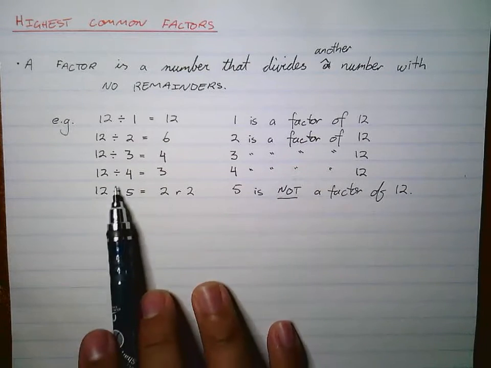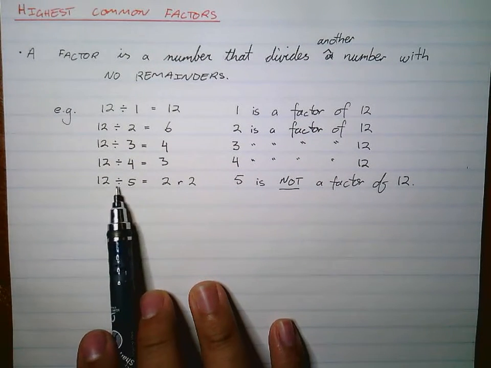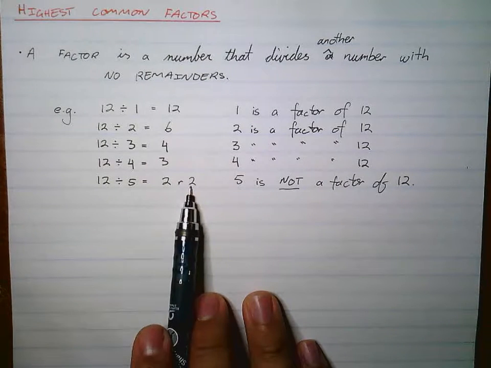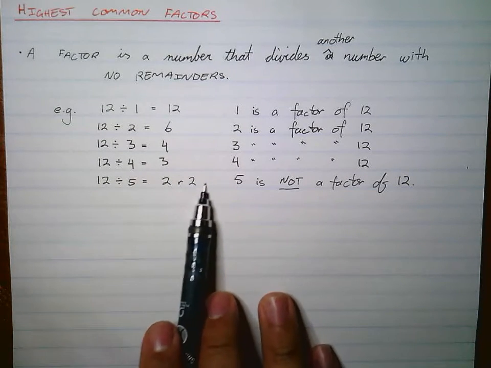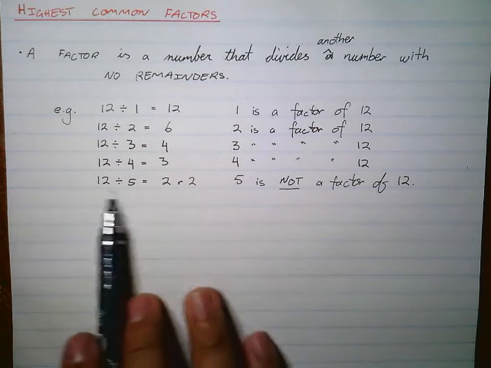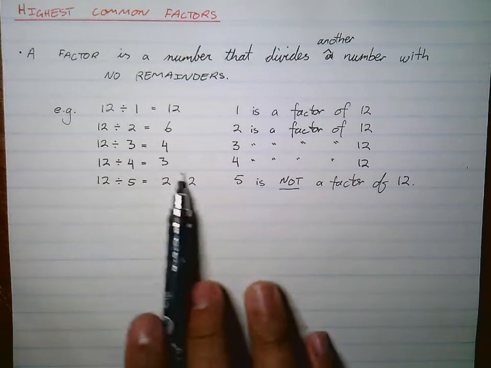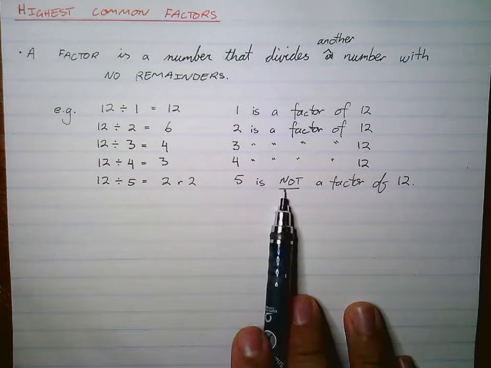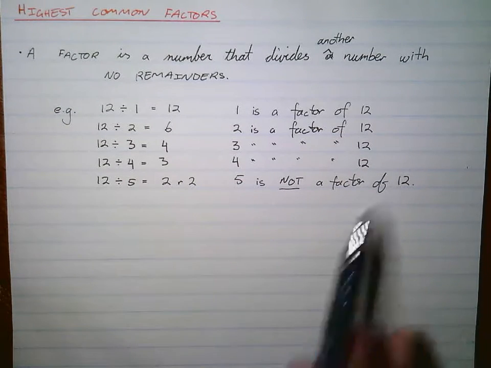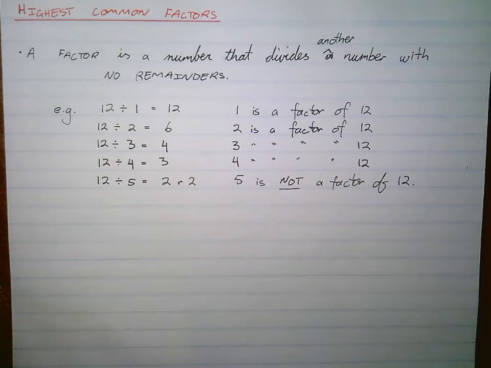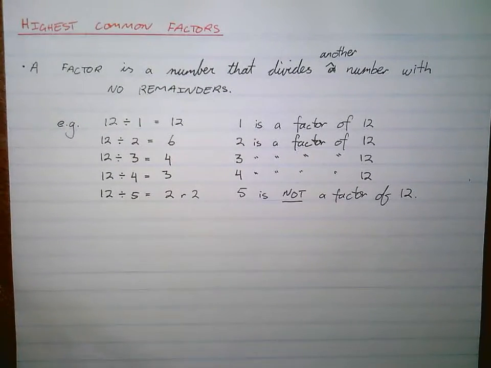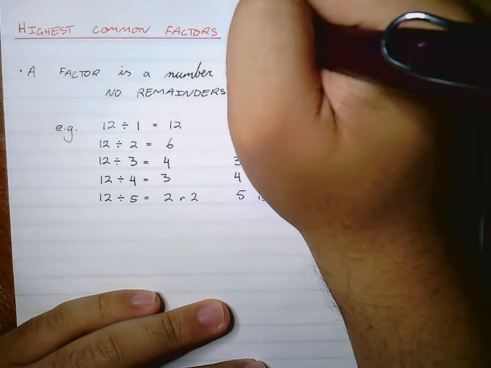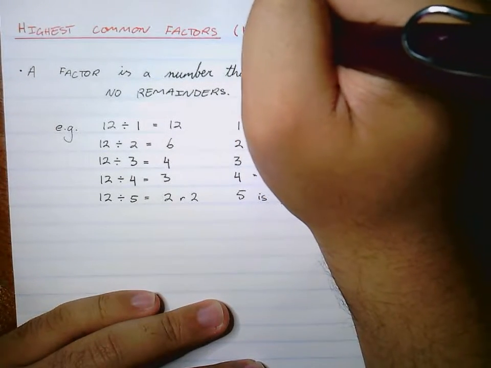Now take a look here. 12 divided by 5 is equal to 2 remainder 2. Since there are remainders, or it doesn't fully divide, 5 is not a factor of 12.